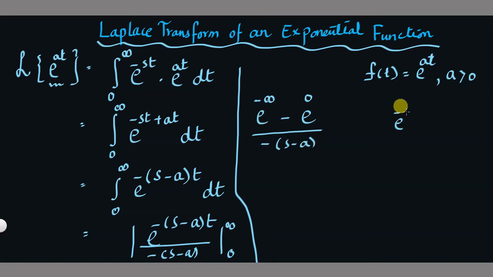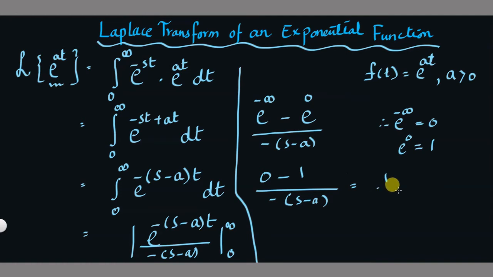We always know that e raised to the power minus infinity is equal to 0, and e raised to the power 0 is equal to 1. So it will become 1 over minus (s minus a). After simplification we will get 1 over s minus a.